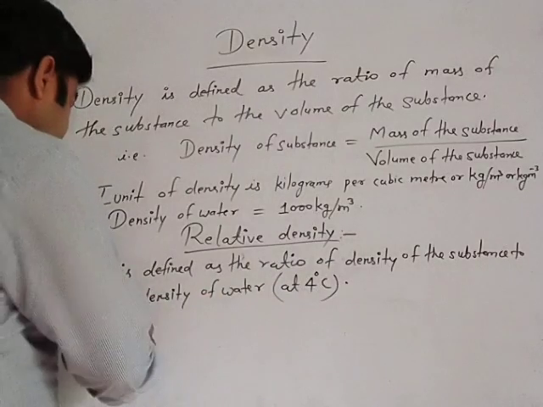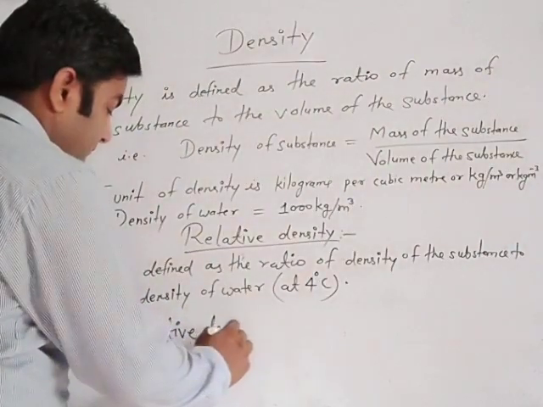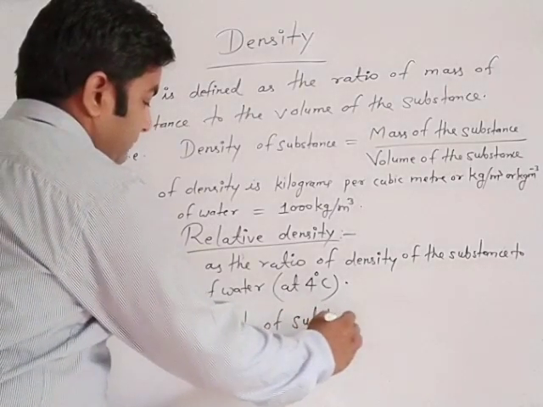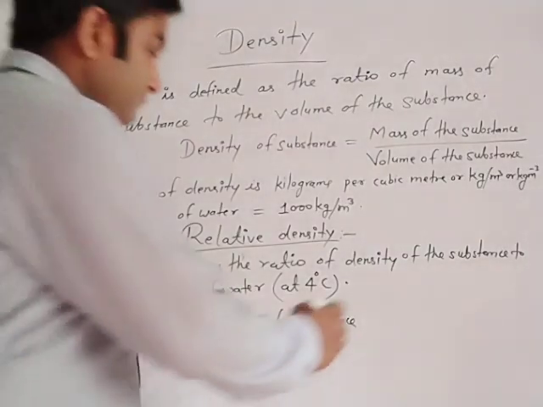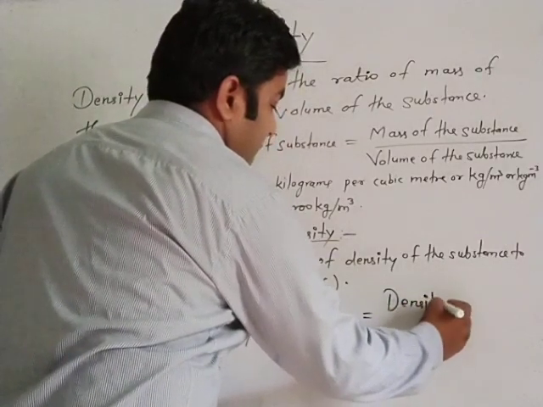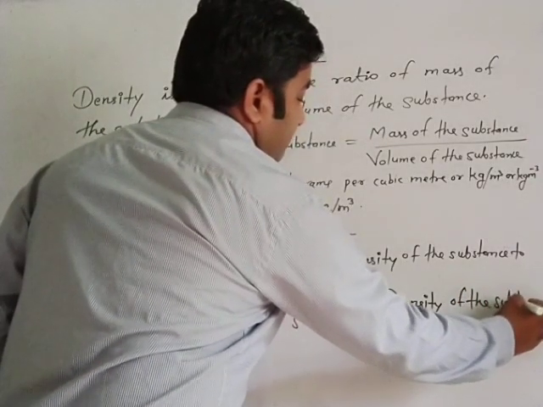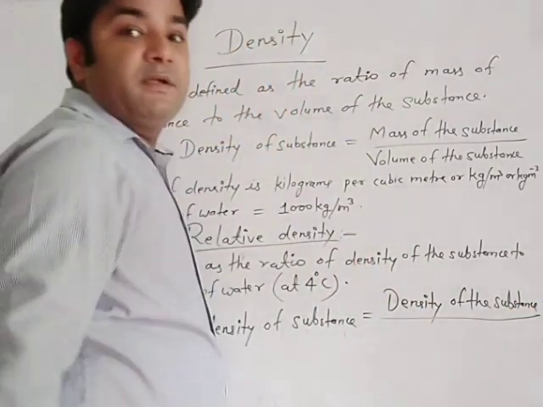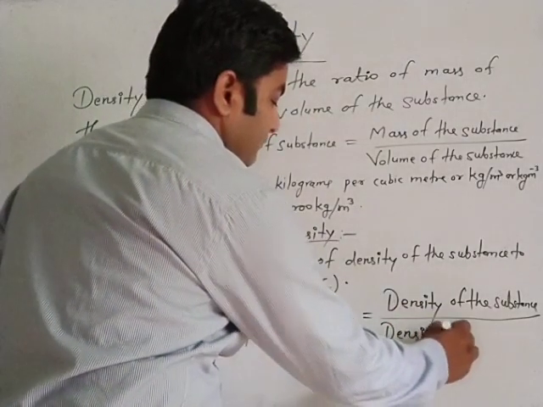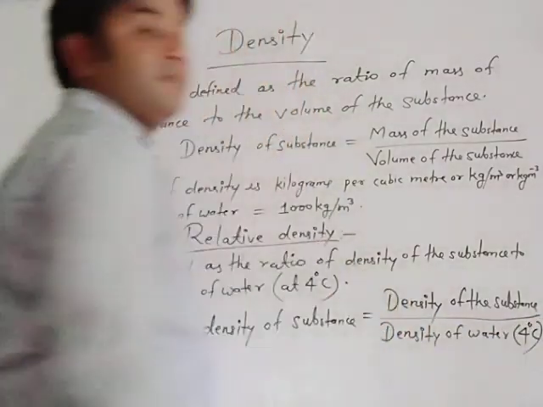So, relative density of substance is equal to density of the substance upon density of water at 4 degree Celsius.